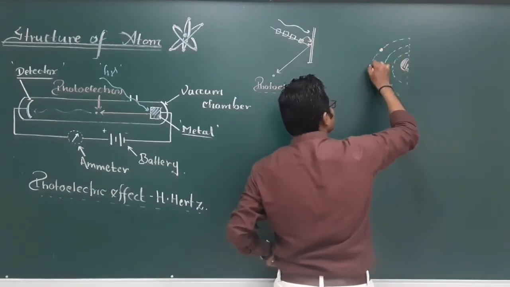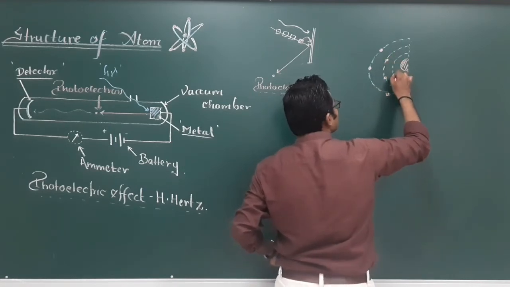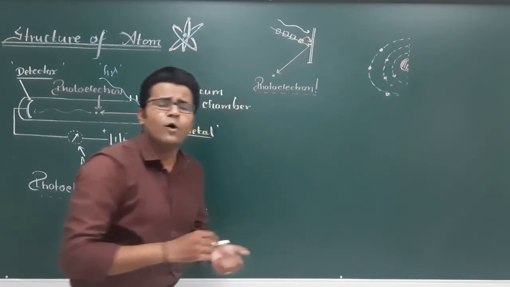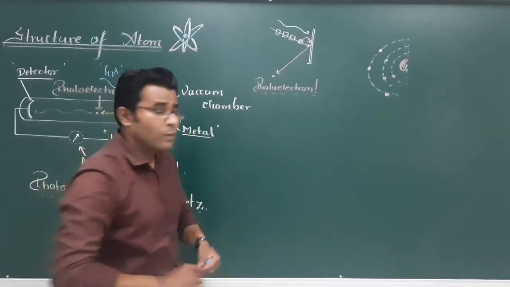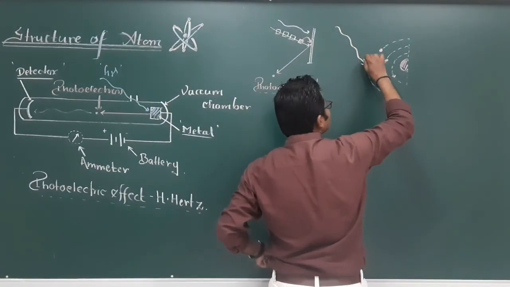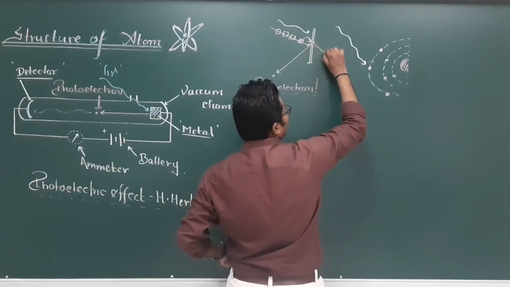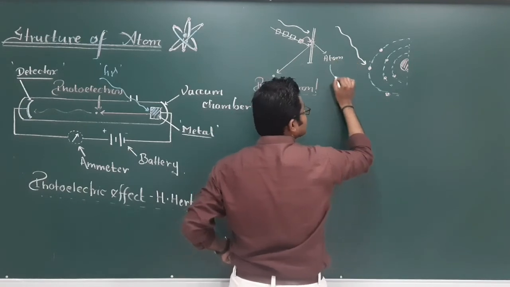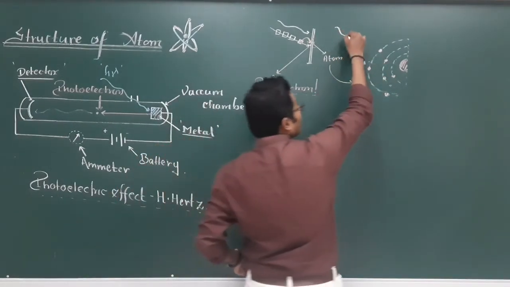One more electron over here, one more here. Okay. Let's say this is a representation of the atom. Now, what is happening is a radiation is coming and striking. Of course, if we are speaking about a metal surface, the metal is going to have atoms, and this is the representation of an atom, right?